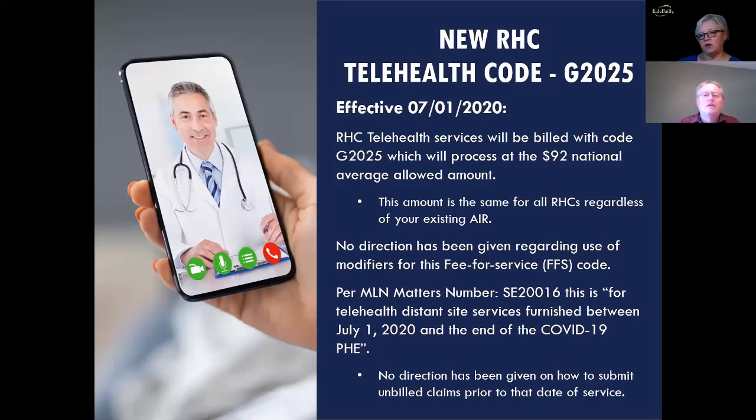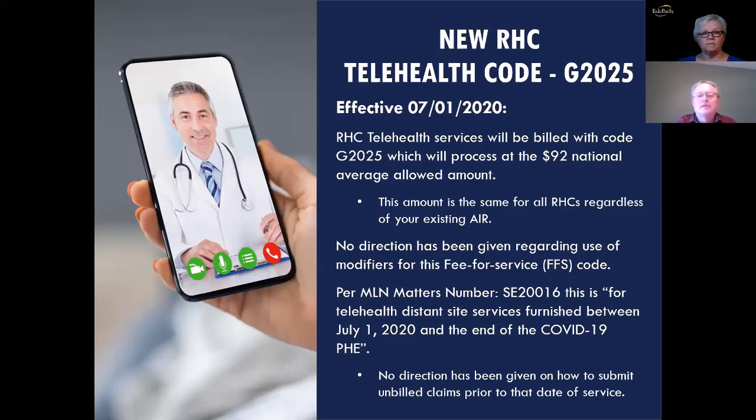Because we know that for freestanding RHCs or RHCs associated with hospitals over 50 beds, there's been a limiting fee of $86.31. That was the most you were going to get paid. So you can expect to see additional payments on these claims effective July 1.